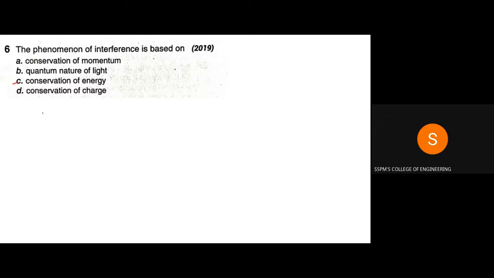It is simply light energy plus light energy from 2 different sources. Having said that, light energy plus light energy is either maxima or minima. That phenomena is called interference phenomena. That is very simple.